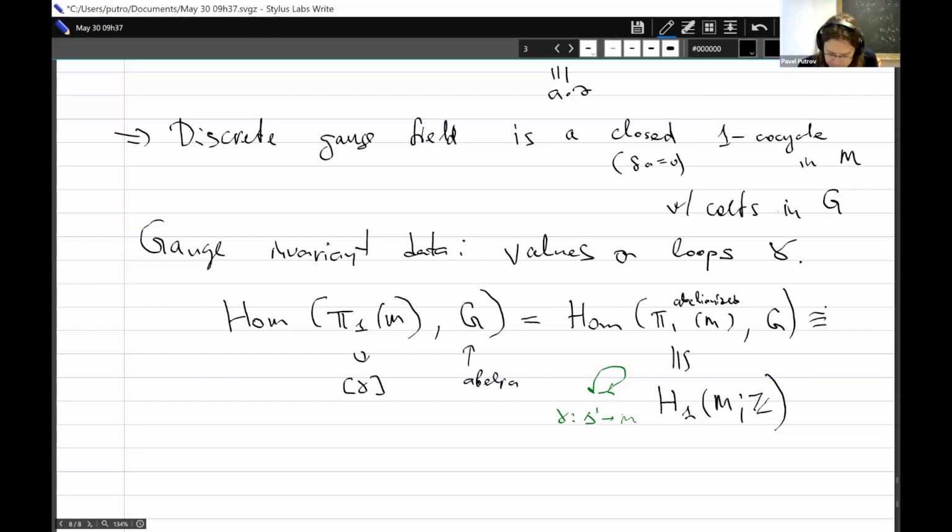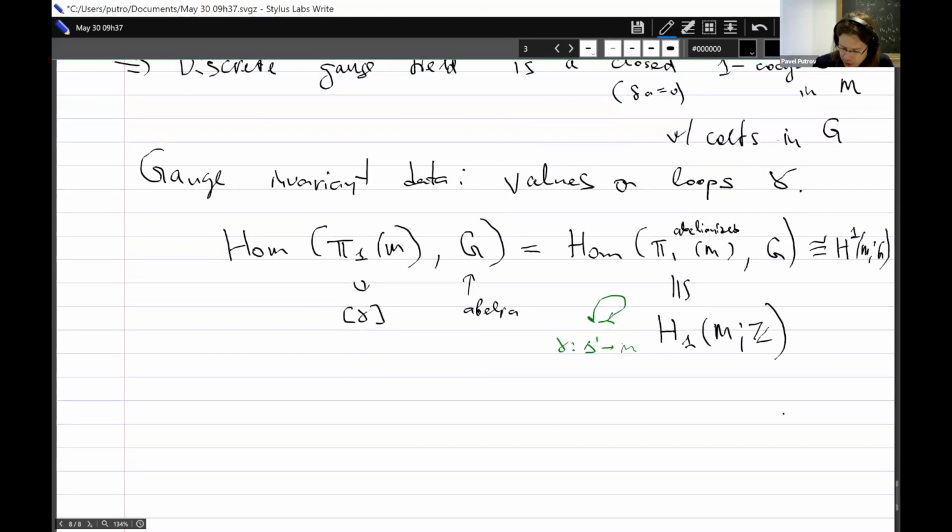And this is isomorphic to the first cohomology of M with coefficients in G. So as I showed before, in general, there is a natural map from the cohomology to the group of homomorphisms from the homology to G, but in degree one one can argue that this is actually an isomorphism.